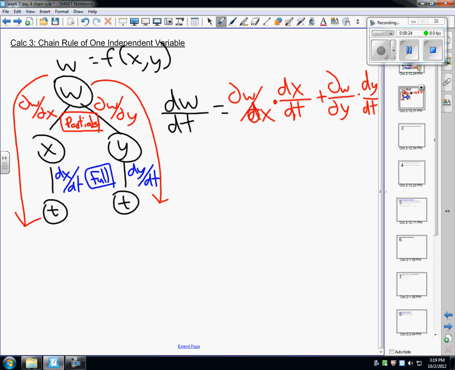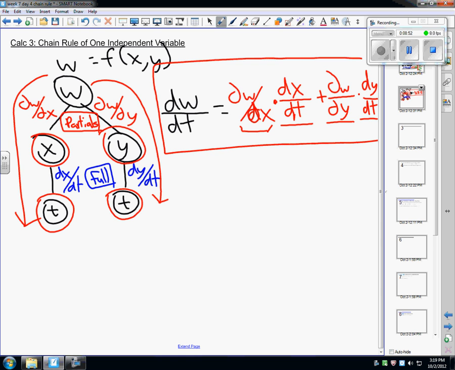The entire chain depends on a partial about x, that's that part, which then depends on a full derivative about t, which is that part. Then it depends on a partial of y along with a full derivative of y. Okay? So this is the full equation for dw dt. So let's take a look at an example of that on the following page.